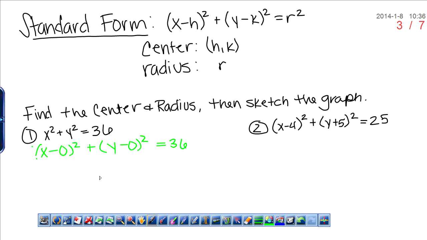Those are the same thing, right? So our center then would be at (0, 0). And what would our radius be? Is it 36? It's 6. Good, because we take the square root of 36, which is 6.